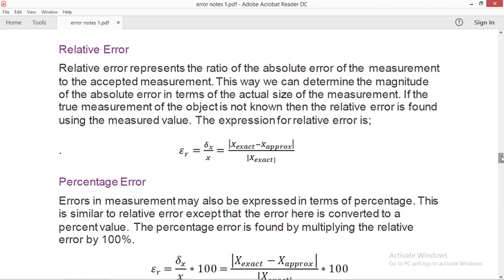If the true measurement of the object is not known, then the relative error is found using the measured value. The formula is again very simple. We use the formula for the absolute error and then divide it by the exact measurement. So it is nothing but a ratio of how different the error is, how major the error is.